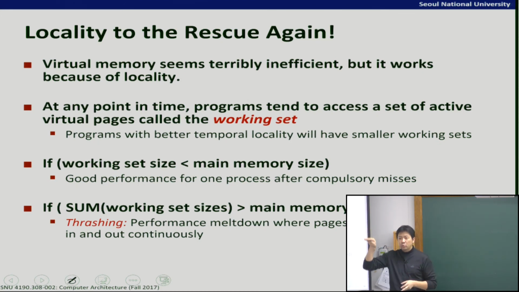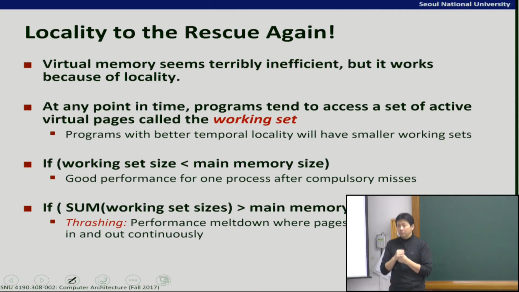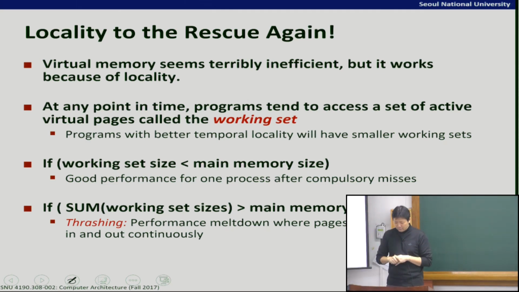So if the working set size is smaller than the physical memory size, then we can achieve good performance, because most of the memory requests will be found in main memory, and the page fault rate is very low. But if the working set size is greater than main memory size, then we're going to have a lot of thrashing.